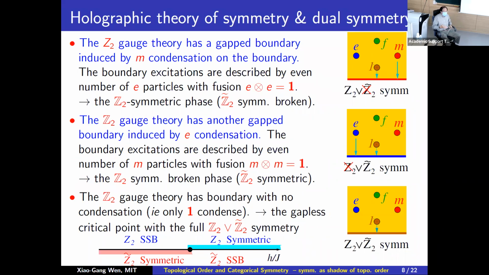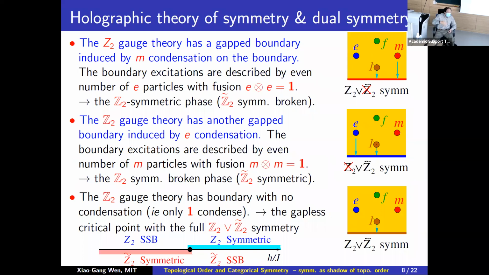But after we include them in one higher dimension, we can gauge the symmetry there and get a G-gauge theory. In the G-gauge theory, the symmetry and dual symmetry will be explicit because the gauge charge is the original symmetry charge, and the gauge flux becomes the dual symmetry charge. So gauging in one higher dimension is a way to see both symmetry and dual symmetry explicitly.